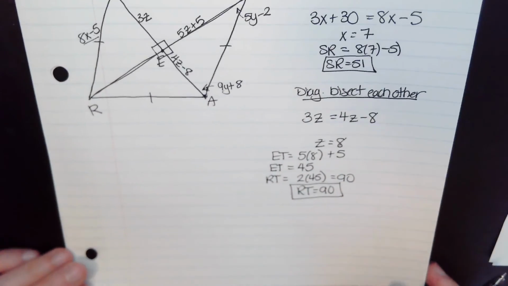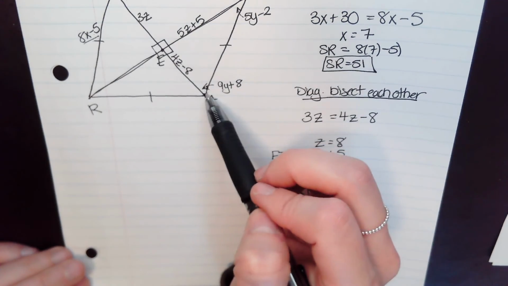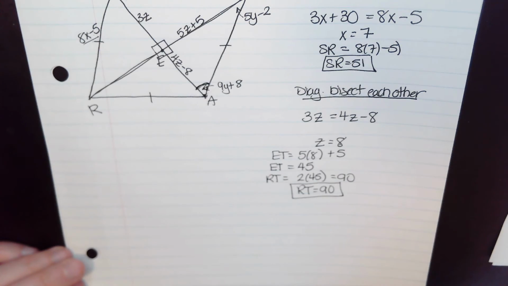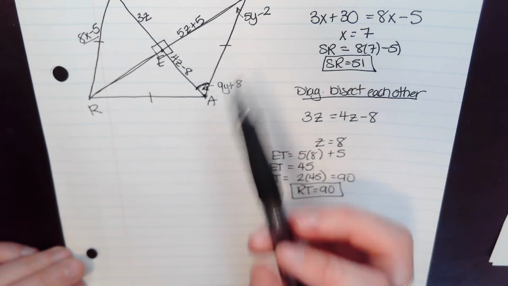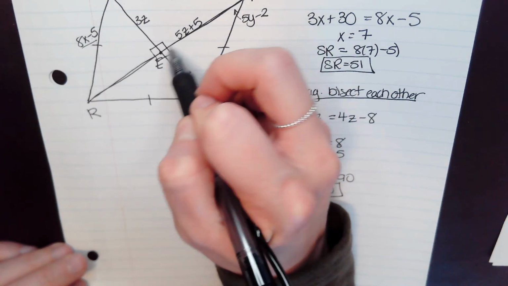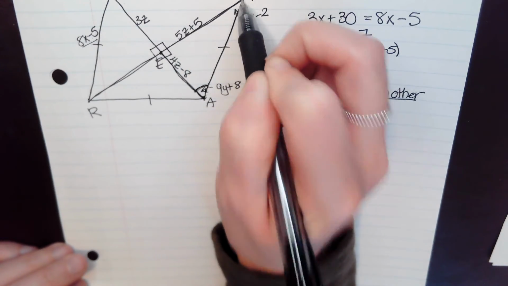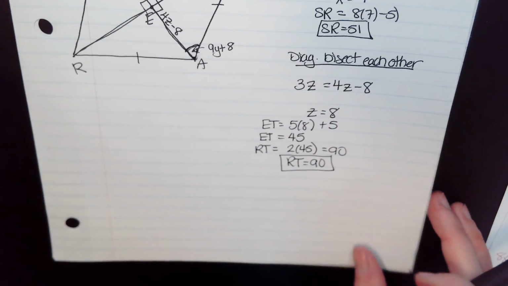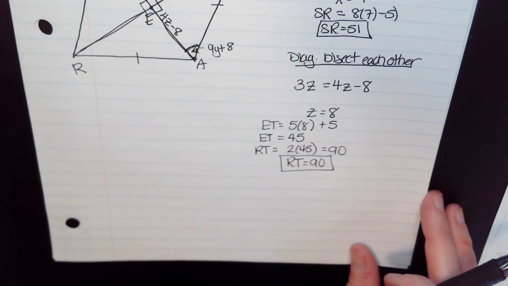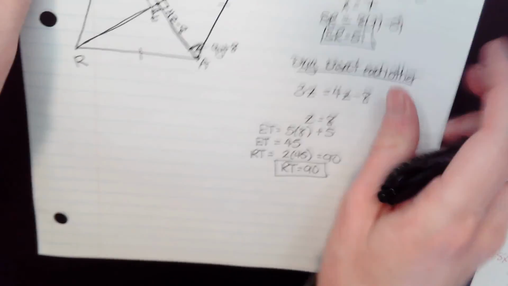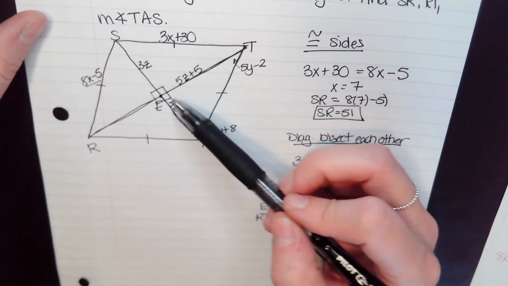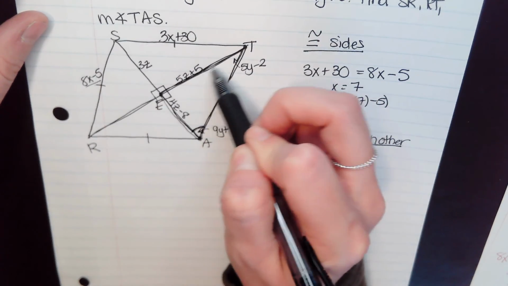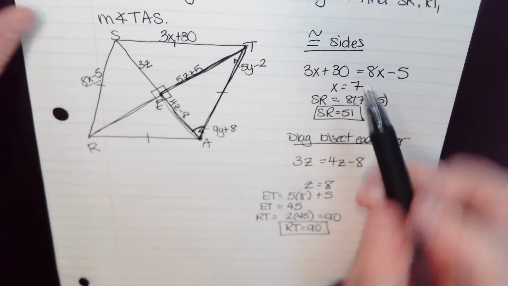And the last piece that we need to find was the measure of angle TAS, which is right here. So to find that, I would focus on this triangle right here. The number of degrees in a triangle is 180.